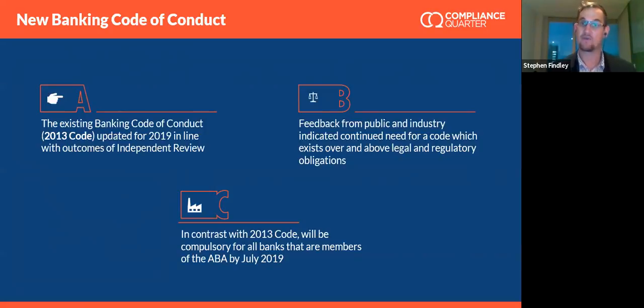In contrast with that previous code, this will be compulsory for all banks that are members of the Australian Banking Association by July 2019. So this isn't a big difference from the previous code, even though the previous code was voluntary.